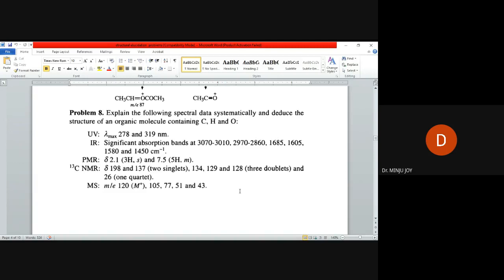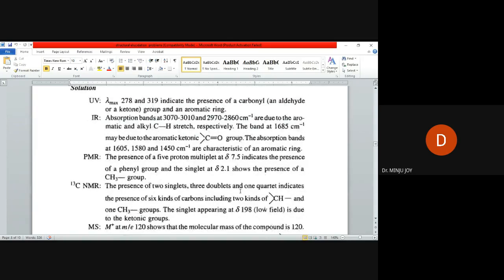So coming to the solution, the values 278 and 319 indicate the presence of a carbonyl, which is the functional group. It can be an aldehyde or ketone because it gives a higher value. Then the value 319 corresponds to an aromatic ring.